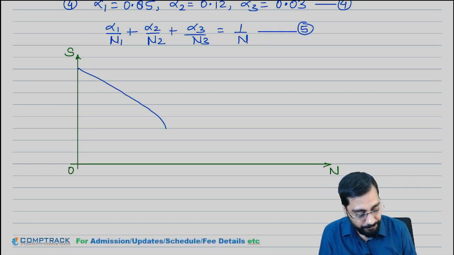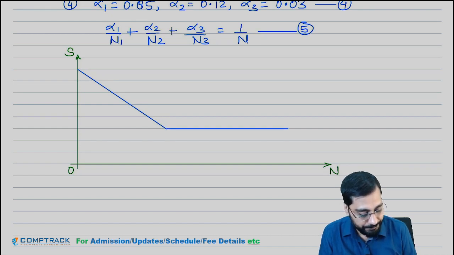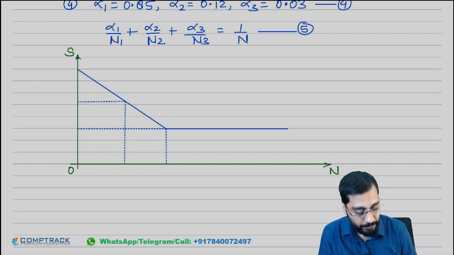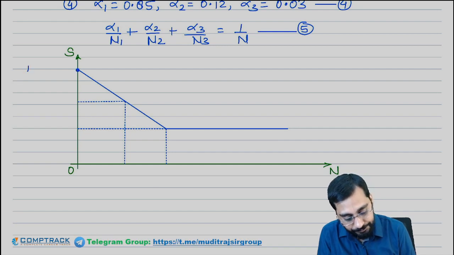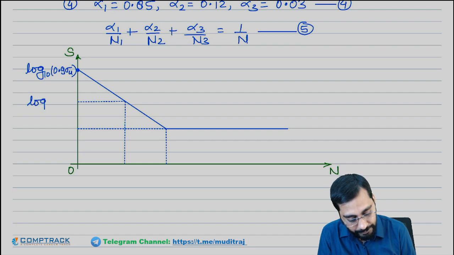This will be the curve. This is for endurance strength. This is for any general sigma f. So for any general sigma f, we will find the relation.